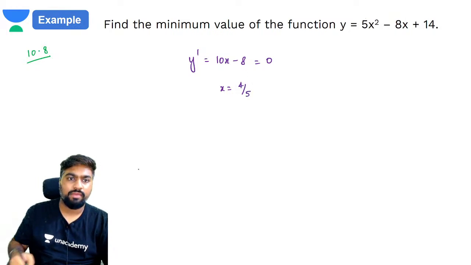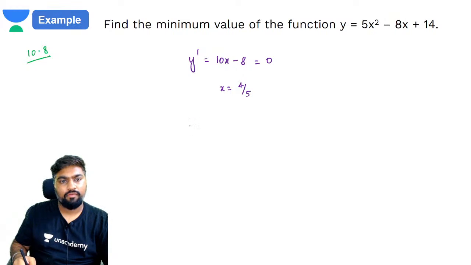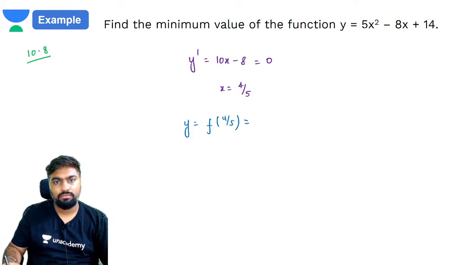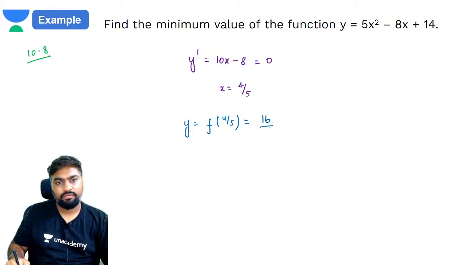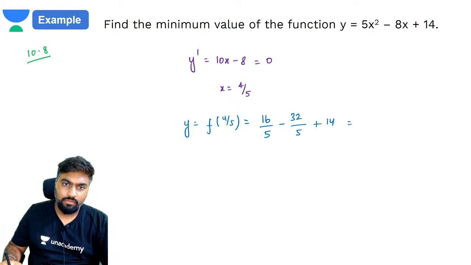If I plug in 4 by 5 here, what will happen? I'll get my value of y. f of y is f of 4 by 5. Just plug in 4 by 5 here. What will it become? 16 by 5 minus 32 by 5 plus 14, which is equal to minus 16 plus 70 by 5.